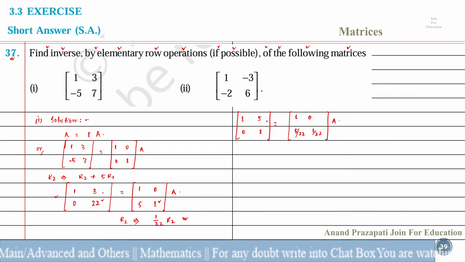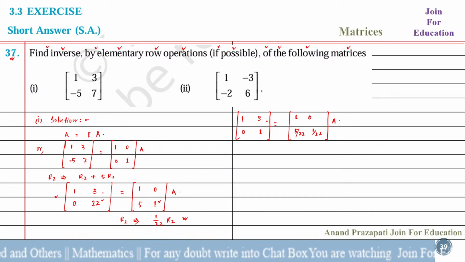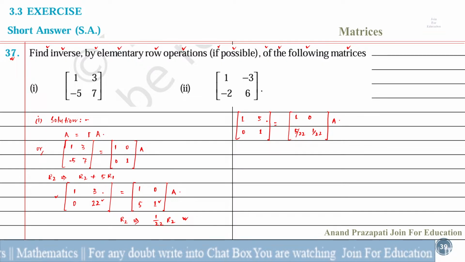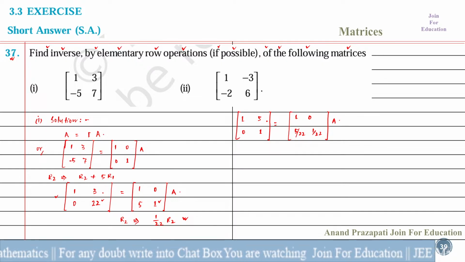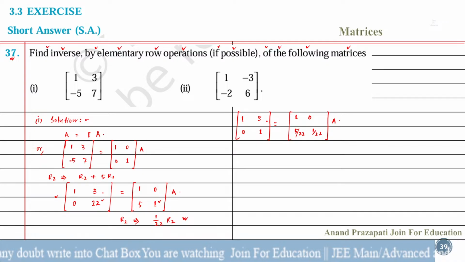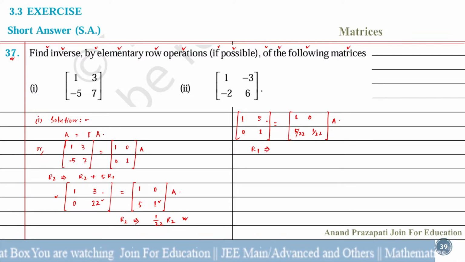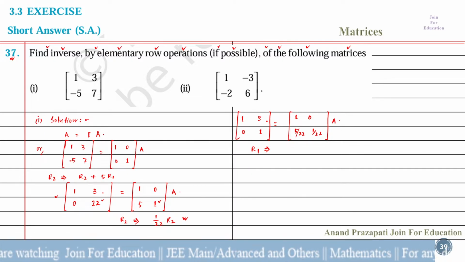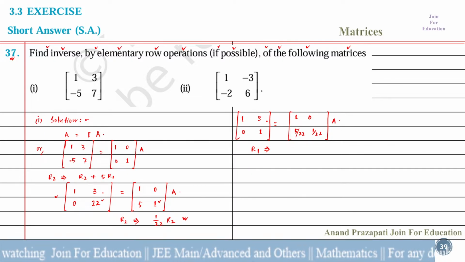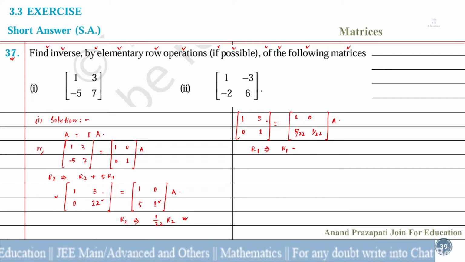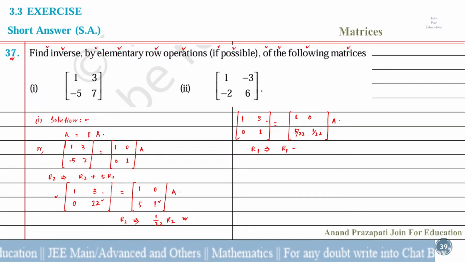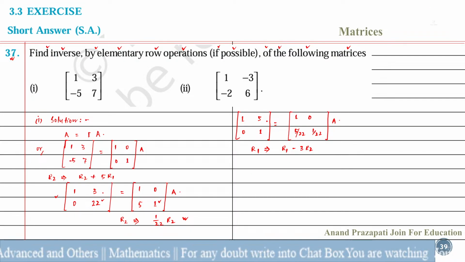Now we convert 3 into 0, therefore we write down R1 goes to R1 minus 3 R2.